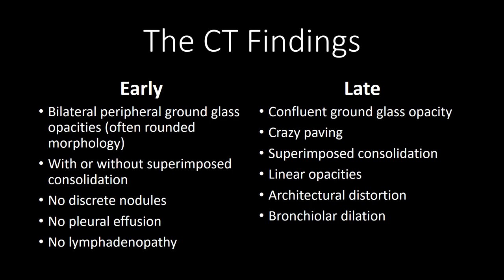There's also a report of linear opacities developing later in the disease process, and those linear opacities being associated with architectural distortion. And within the areas of opacification, we can see bronchiolar dilation that may not be present in the spared parts of the lung.